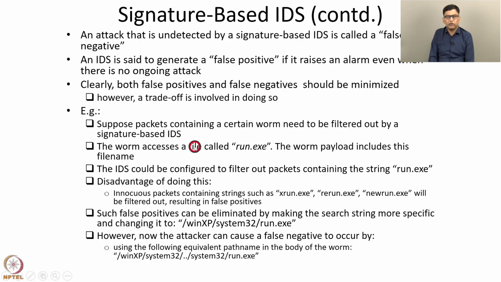If we make the string for comparison very general, such as run.exe, then there will be a lot of false positives because strings such as xrun.exe, rerun.exe, and so on will also be matched. But if we make the search string very specific, then some strings such as this one will not be matched by the IDS. So hence there will be false negatives. So this shows that there is a trade-off between false positives and false negatives.